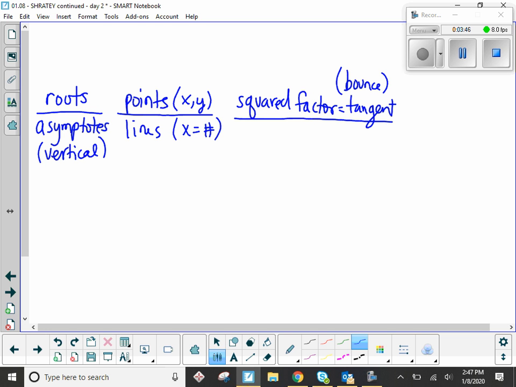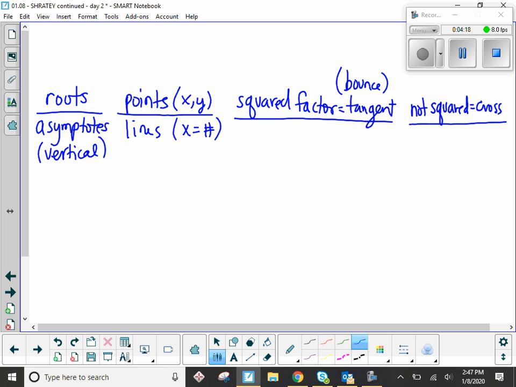Well, if you don't have a squared factor, if it's not squared, then it's going to do not bounce. What's that called? Cross. And that's stuff we talked about last semester. So that's all root information, okay, with the T part.